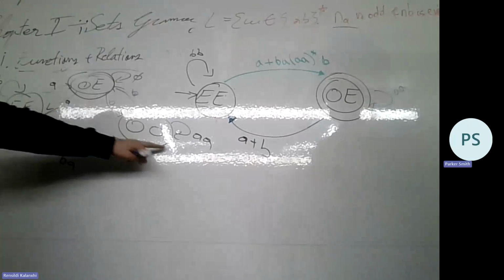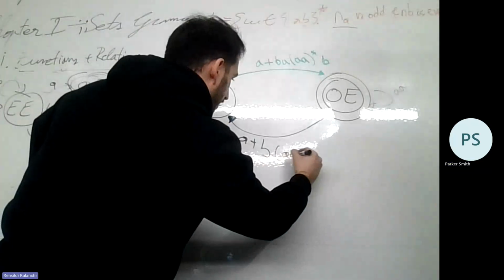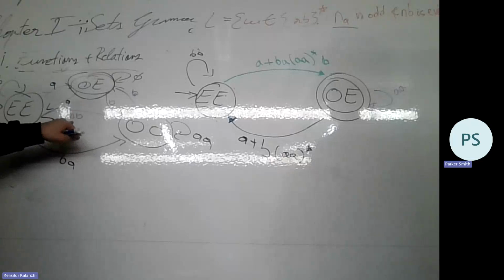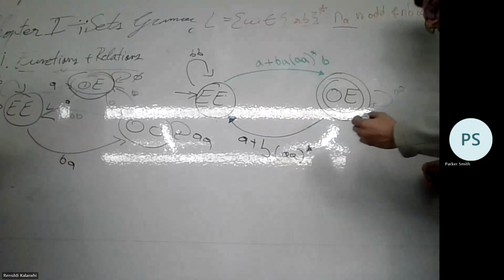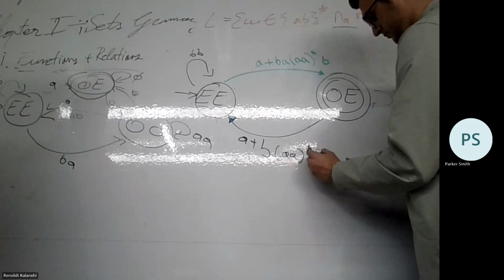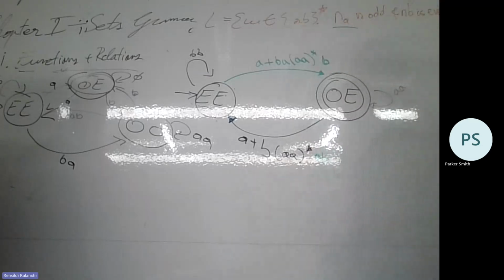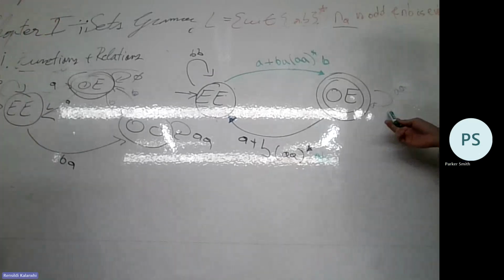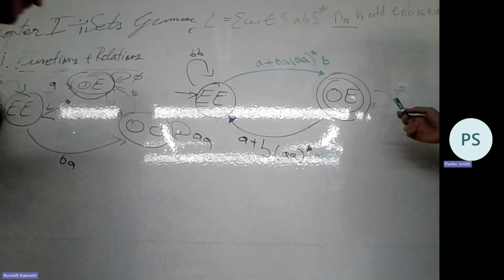I think it's just AB star. B, A star, and then B, then AB. Yes, AB. Am I missing something? You have to do the loops on EE and OE as well. Right there? Yeah, BB, that changes as well.